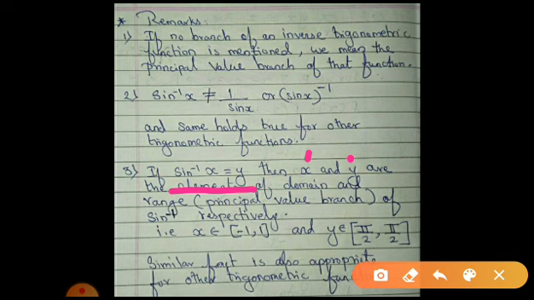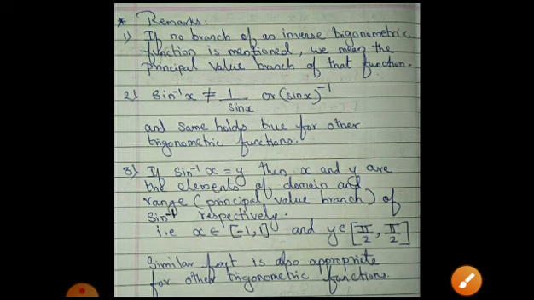So x belongs to the domain of sine inverse, that is the closed interval minus 1 to 1, and y belongs to the range of sine inverse, that is the closed interval minus pi by 2 to pi by 2. Is that clear? A similar fact applies to the other trigonometric functions.